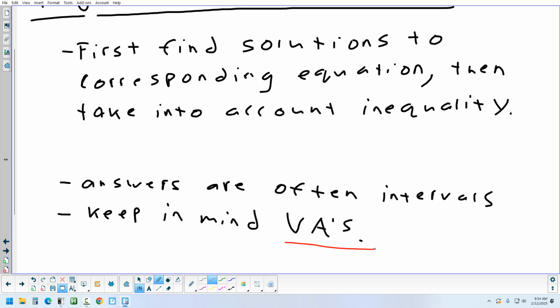If you have a vertical asymptote in a problem, it's going to be something like pi, 2 pi, or 0. It's going to be a relatively straightforward asymptote to figure out. Okay, so we'll set it up just like we were doing an equation, but then we're going to write our answer as an interval rather than a single number or multiple numbers.